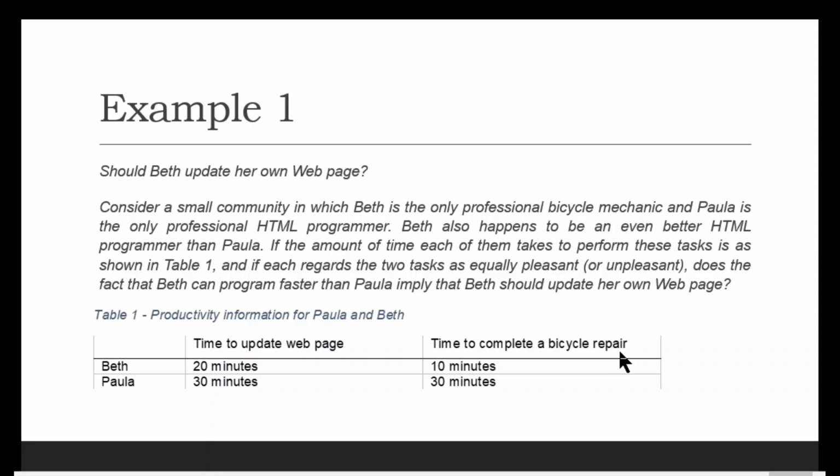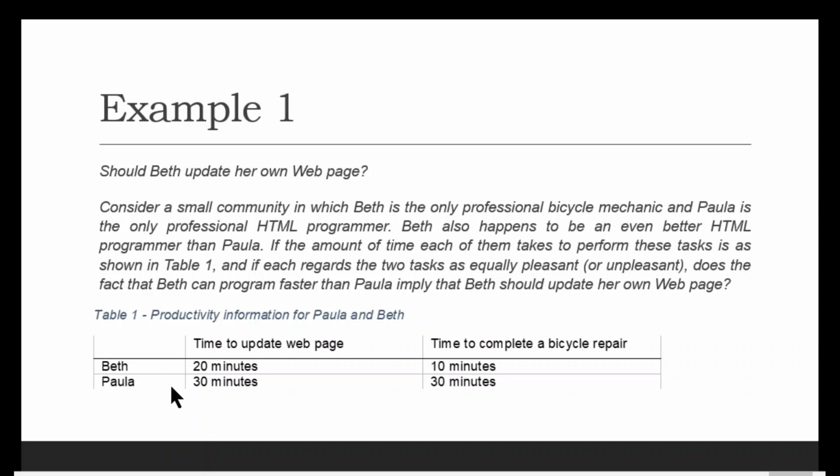Meanwhile, in a bicycle repair, Beth is still faster because she can do the task in 10 minutes while Paula can do the task in 30 minutes. So in both ways, we can say that Beth has absolute advantage compared to Paula overall because she can do much in just a short span of time.